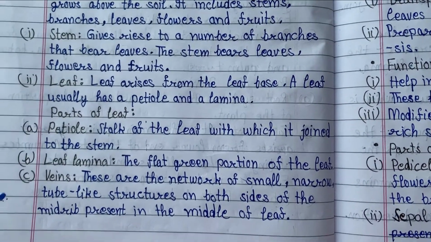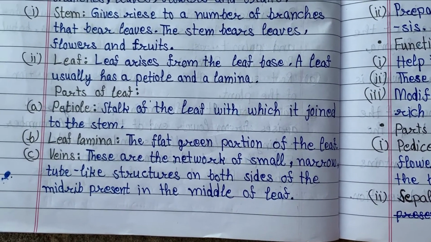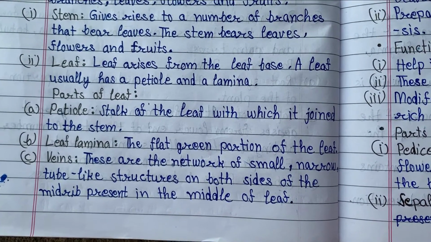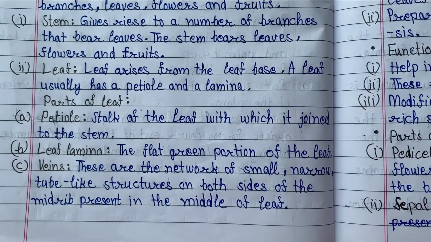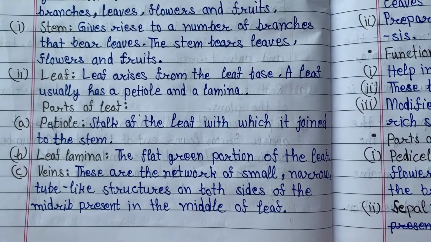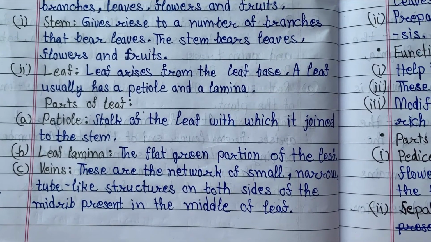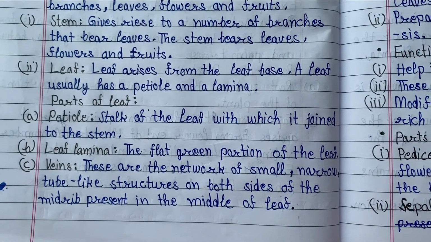Then we have leaves. So now what are the parts of leaves? We have petiole, we have leaf lamina, we have veins. Petiole is the part which joins the leaf to stem, and leaf lamina is the flat green portion of the leaf. Then we have veins. So what are the veins? Veins are the small narrow tube-like structures that are there on the leaf.